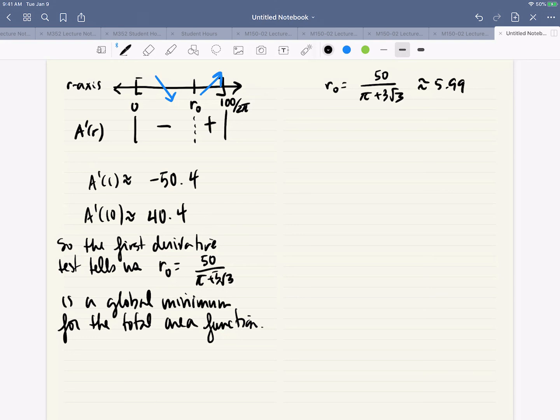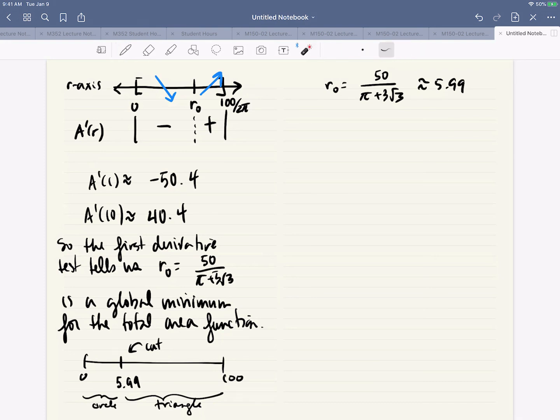And that means that what we do is that on my 100 centimeter piece of wire, I'm going to make a cut at approximately 5.99 centimeters from one end. And it's this part that I make into the circle, and it's this part that I make into the triangle. But this is what the problem was asking us for, and we use calculus to find it.